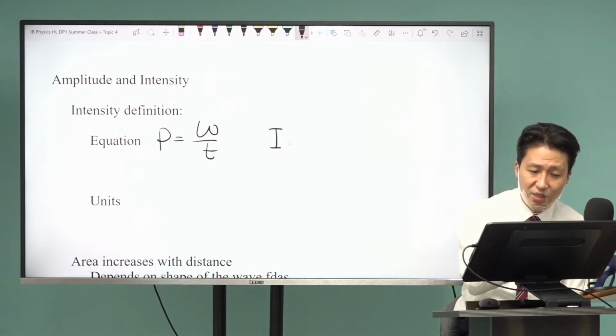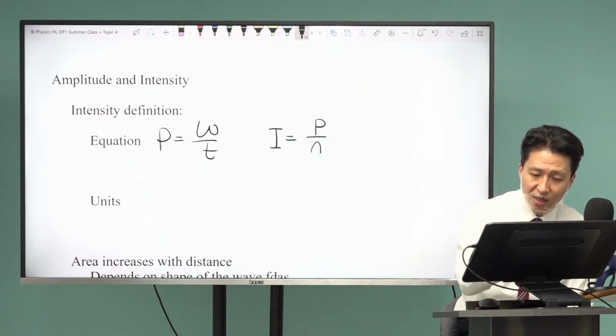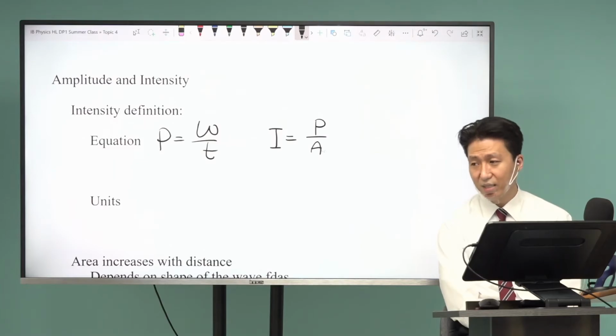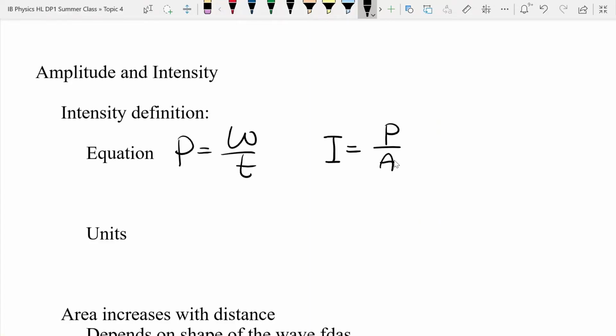Intensity is defined as the power per area. And there's going to be units for this, right? The units for intensity are watts per meter squared.